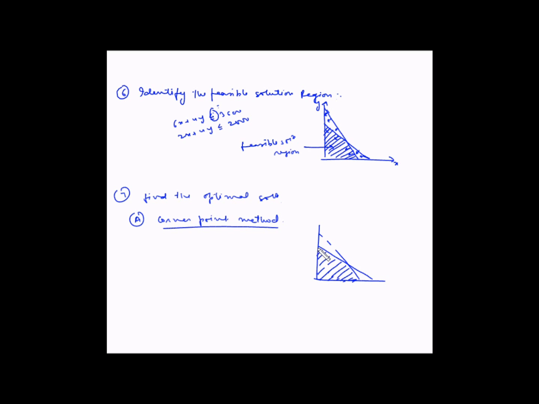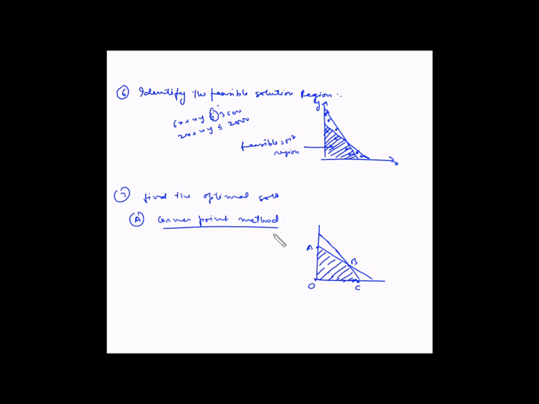let's say this point here A, this point here B, this point here C, and this point here O. These represent the corner points of the feasible solution region.